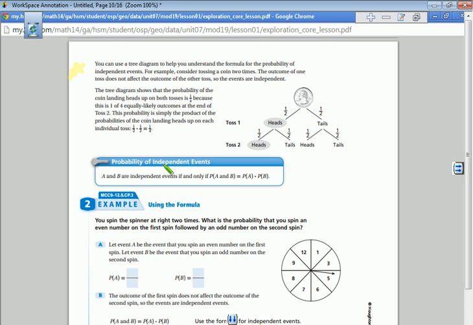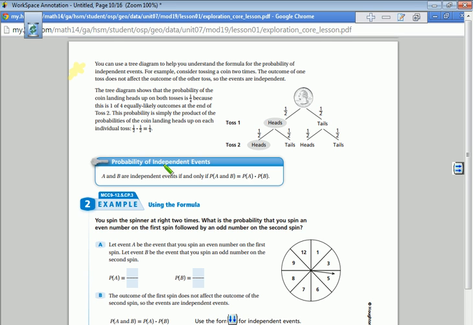The tree diagram shows the probability of the coin landing heads up on both tosses is 1/4, because heads followed by heads is 1 out of the 1, 2, 3, 4 possibilities, right? It's 1/4. And this is because we have equally likely outcomes.